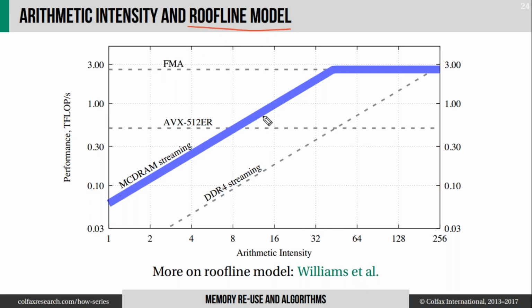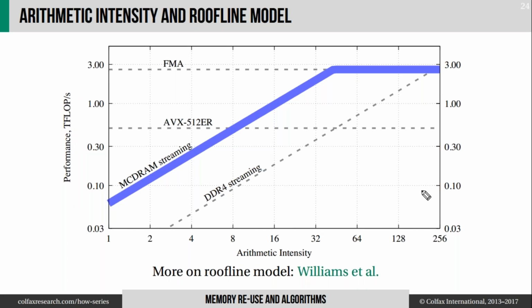The roofline model is a function on the space where the x-axis is arithmetic intensity, the y-axis is performance. Arithmetic intensity is just how many times you reuse every element fetched from memory while it is still in registers or in caches.